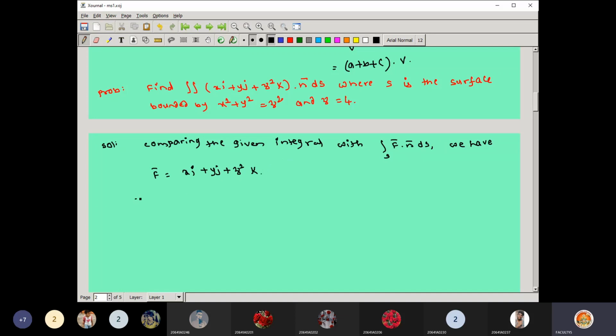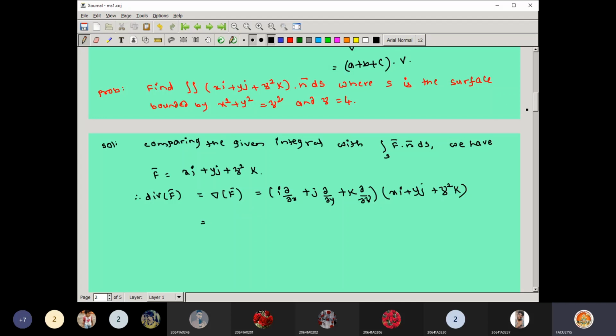Once you know that, you calculate divergence of f bar, which is del dot f bar. This is nothing but i ∂/∂x plus j ∂/∂y plus k ∂/∂z, multiplied with f bar, meaning xi plus yj plus z squared k. Again the general dot product: i to i, j to j, k to k.